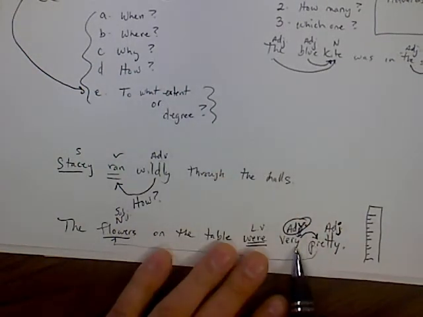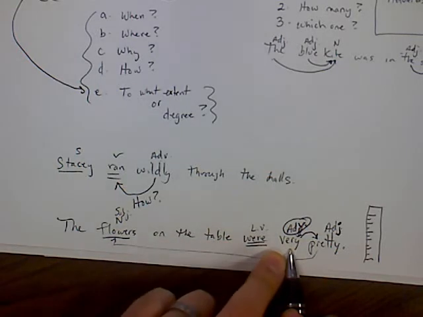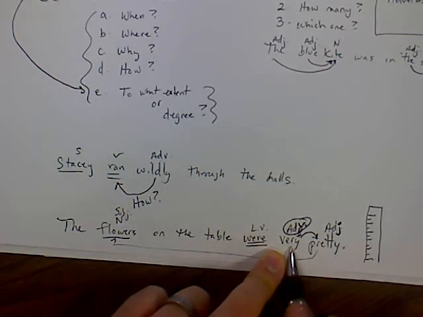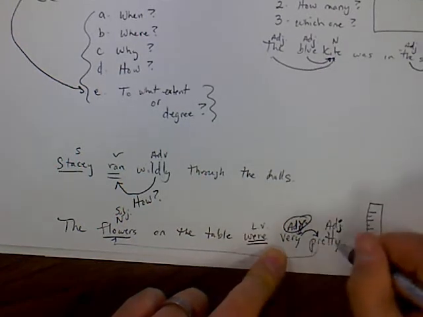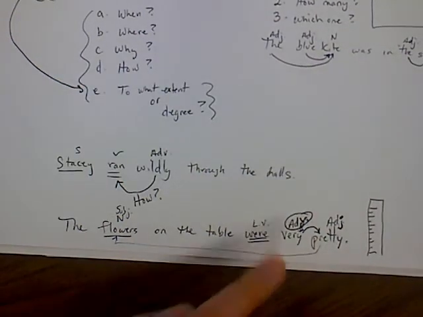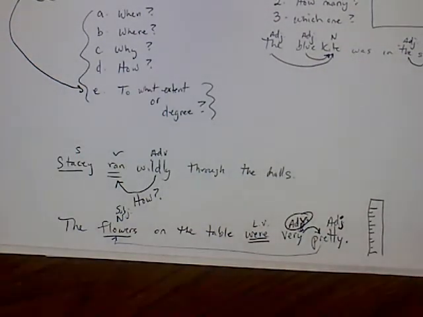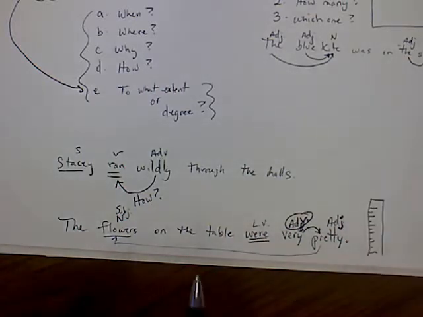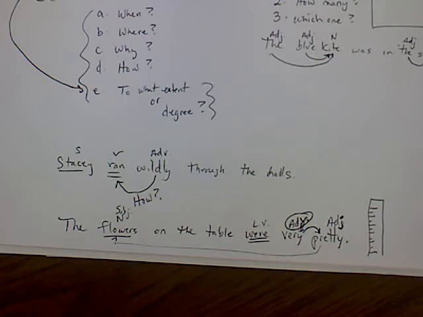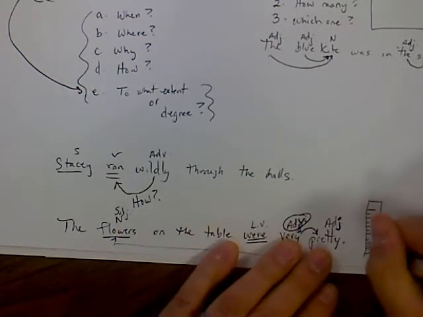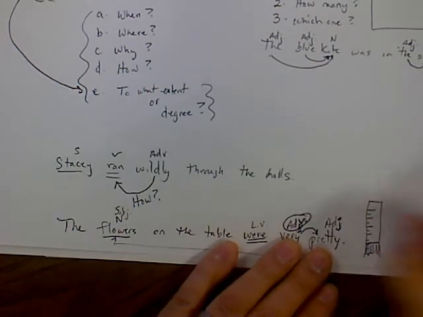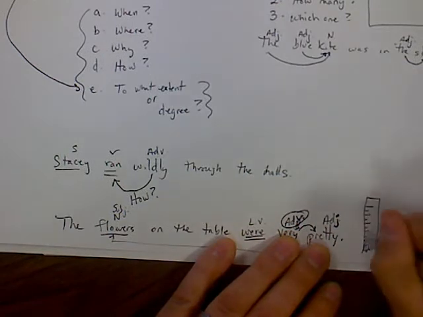When you look at these types of adverbs, I'm not making a mistake here, I believe they're called intensifiers. It tells to what degree is something pretty. Was it a little pretty? Was it very pretty? Was it extremely pretty? Enormously pretty? Something like that tells us whether or not we reach this level on the scale or it actually goes up to this level on the scale.